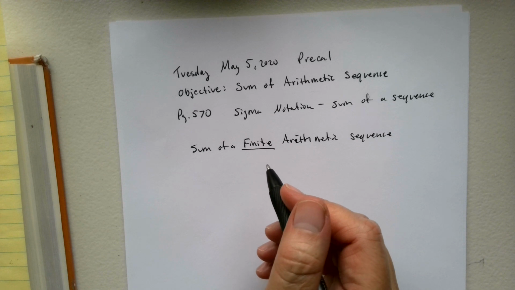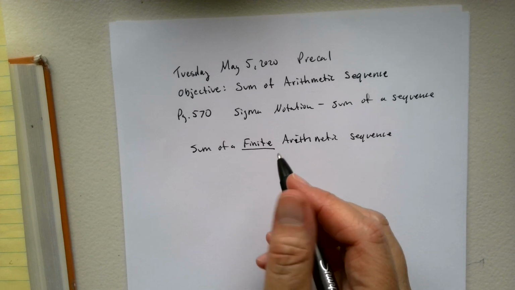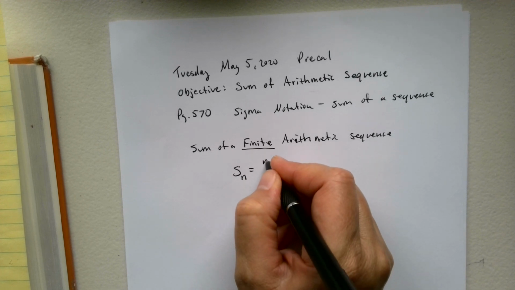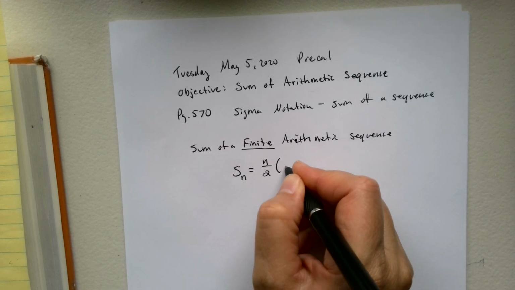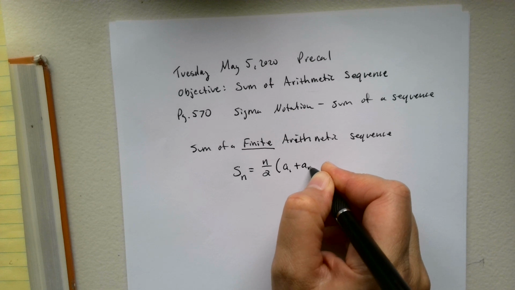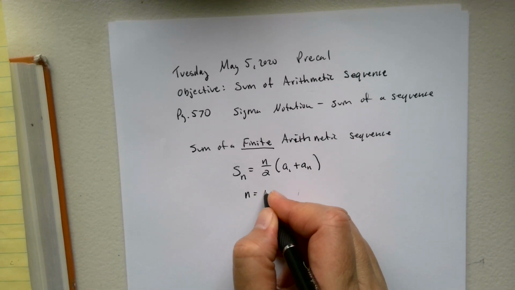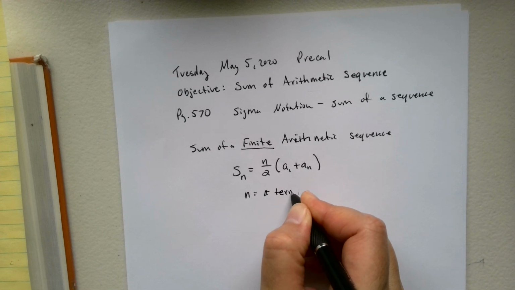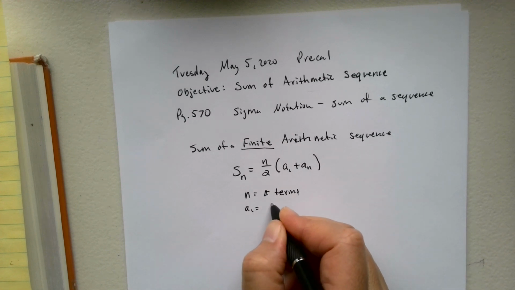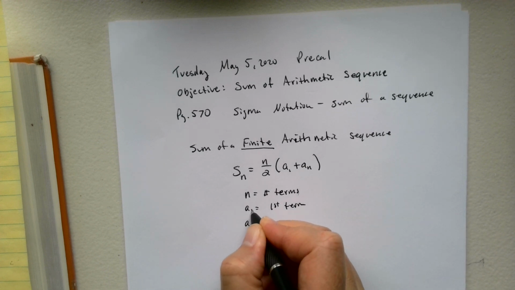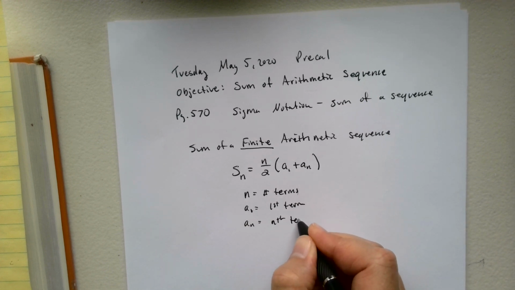It says the sum of a finite arithmetic sequence with n terms is given by S sub n equals n divided by 2, parentheses, a sub 1 plus a sub n. n is the number of terms, a sub 1 is the first term, and a sub n is the nth term.